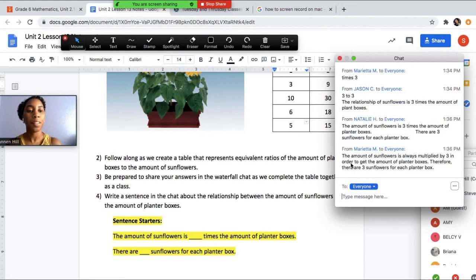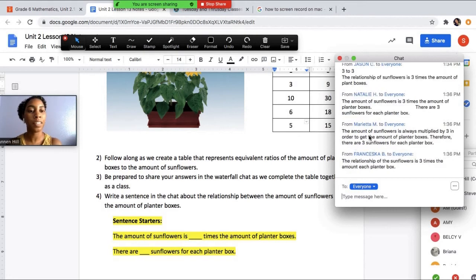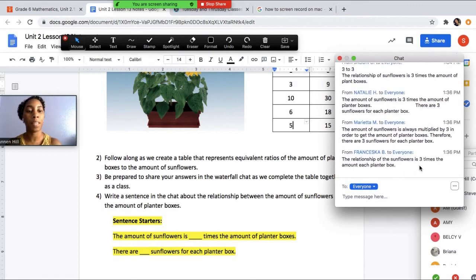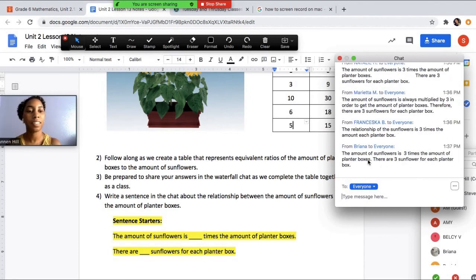And Marietta, I see you have one in your own words. The amount of sunflowers is always multiplied by 3 in order to get the amount of planter boxes. Therefore, there are 3 sunflowers for each planter box. Nice sentence. I really like that. Thank you, Francesca. The relationship to sunflowers is 3 times the amount of each planter box. Thank you, Brianna.